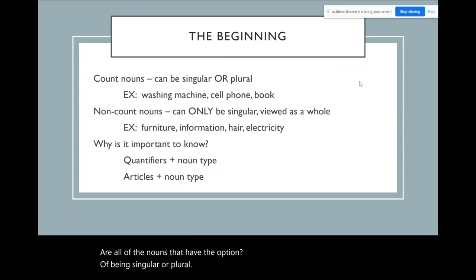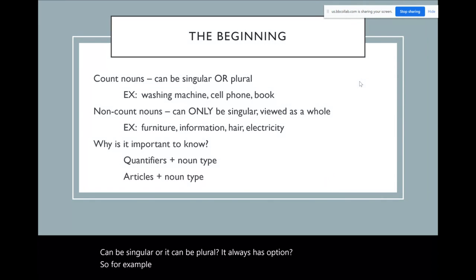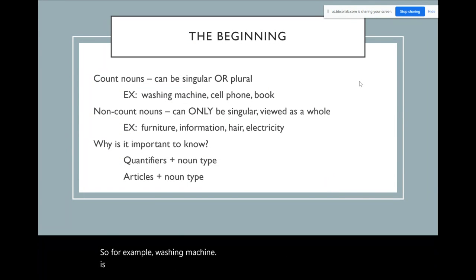For example, washing machine is a count noun because I can have one, singular, or two washing machines, plural. Cell phone is a count noun because we can count them: one phone, or 5 phones.